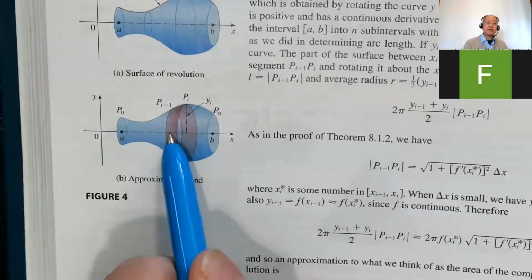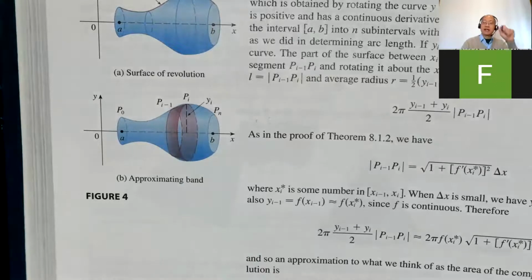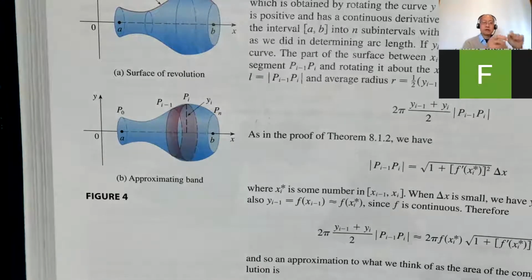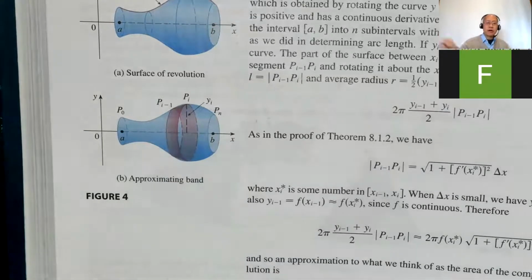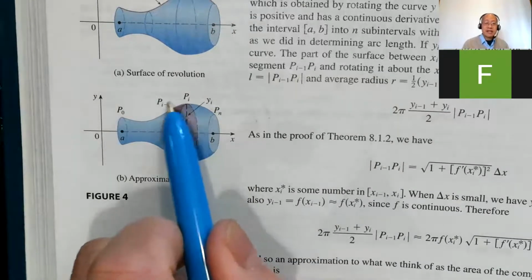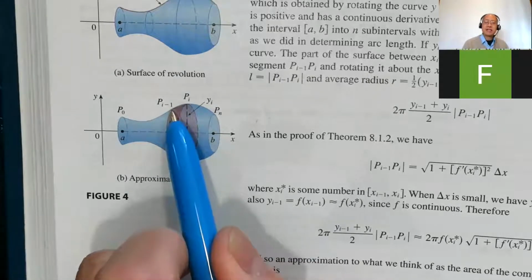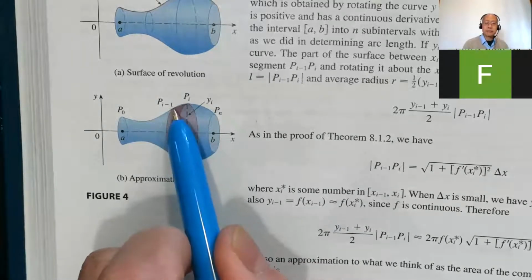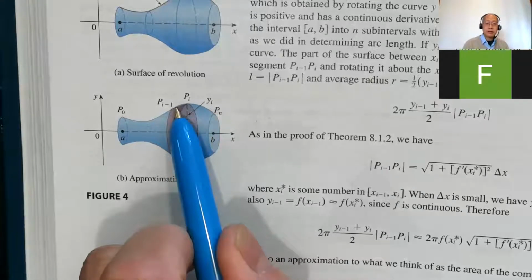It's not just delta x or delta y, it's the slanted height. If I cut, like you get a ribbon, open it up, the height isn't delta x or delta y, it's this delta s, the slanted height. So it's along the arc length.